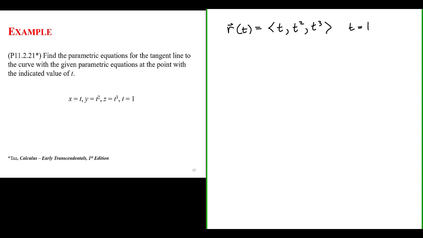Now, what are we trying to find? We want to find an equation of the tangent line at t equals 1.